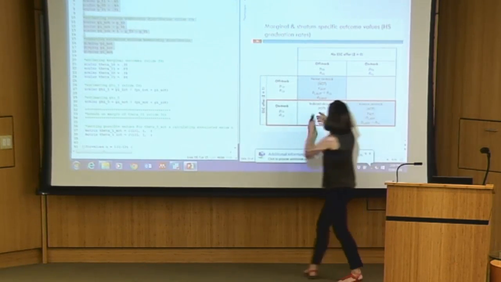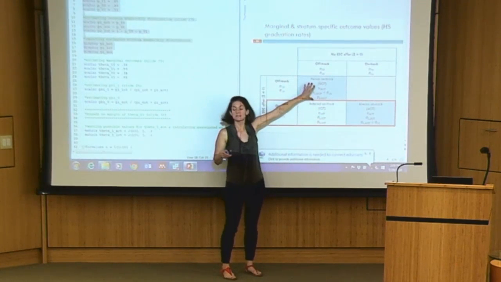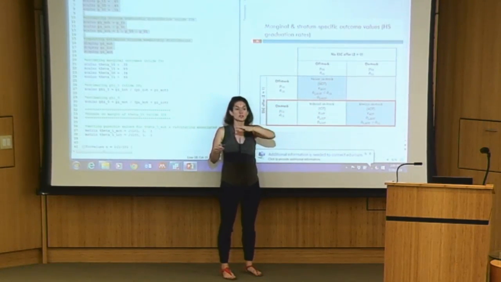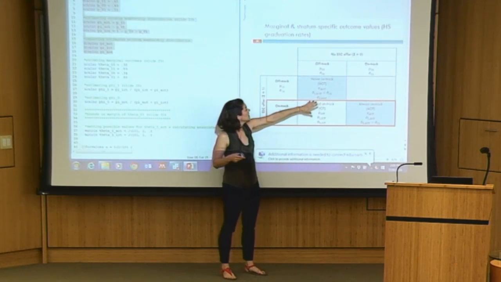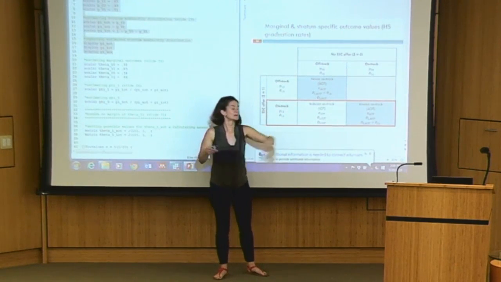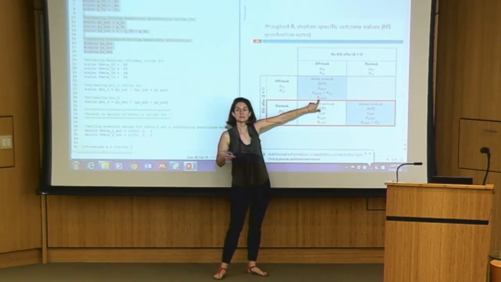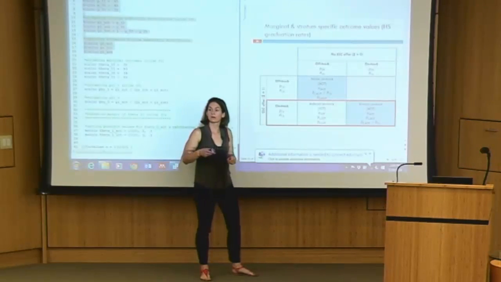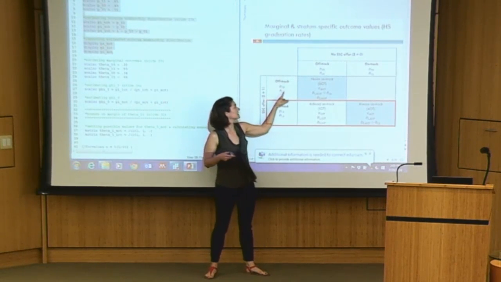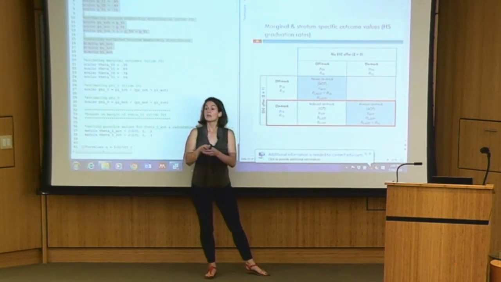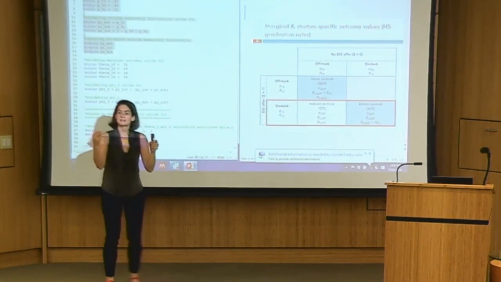And what about over here? If we said for the never on track students we're going to assume an exclusion restriction, what would that buy us in terms of informing theta 0 NOT? That's right, it's equal to this value. So that's a very concrete example.